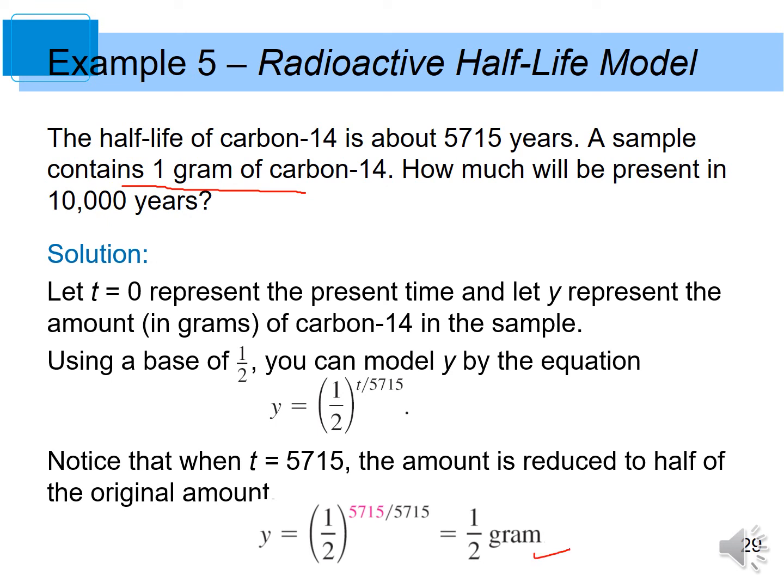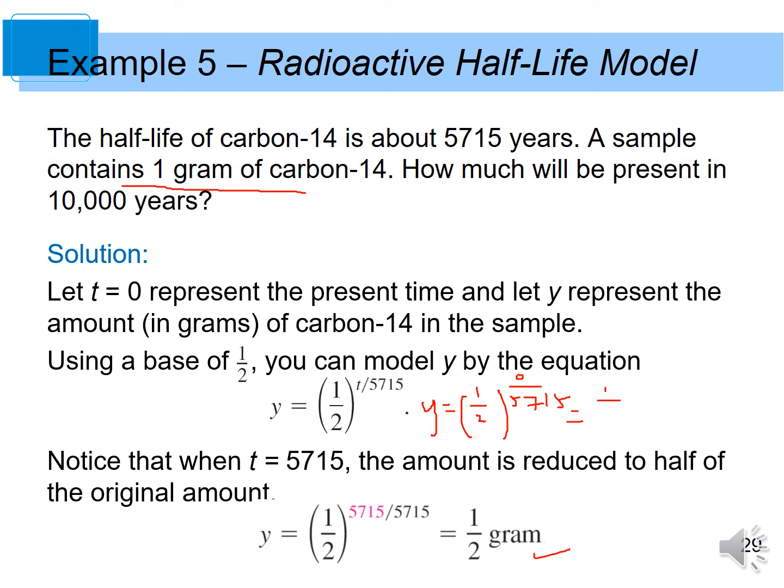And second, you can verify by the initial time. Initially, your sample is 1 gram. So you can substitute t by 0. 0 divided by anything is equal to 0.